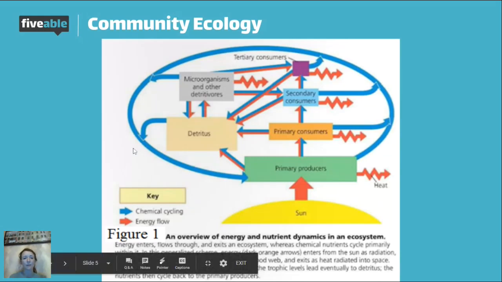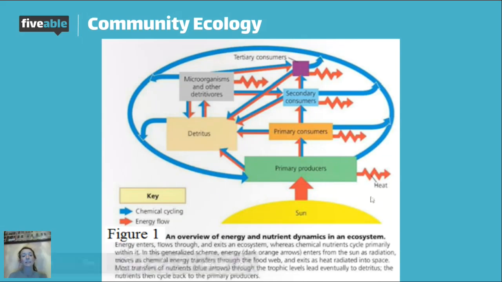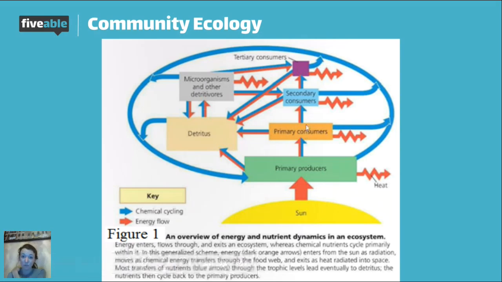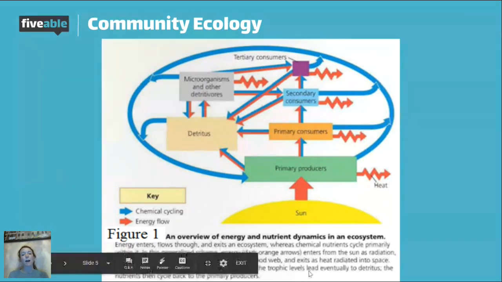And what you'll notice is energy flows and chemicals cycle, which is the blue arrows here, whereas energy flows truly in one direction for the most part, from the sun to primary producers, primary consumers, secondary consumers, and tertiary consumers. We won't worry as much about the microorganisms and other detritivores over here, but it's really flowing in one direction, and we're going to lose a lot of energy in this process.